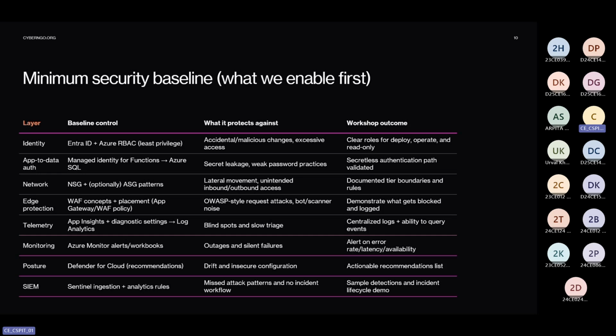But whenever time allows, you would probably take a look at the difference between NSG and ASG. It would help you eliminate threats from lateral movement, access at a very high blast radius, and unintentional inbound and outbound access, all these details.